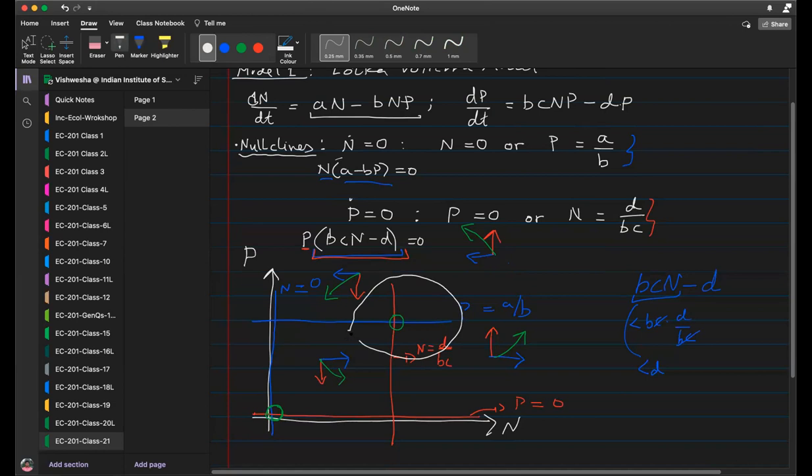That's one possibility. If that happens, we call them cycles. That means predators and prey will go in cycles. Their numbers will increase and decrease in a periodic way, and they just keep on doing this. So this is one possibility. Now there is no easy way to know that from this diagram alone. One has to really do calculations.